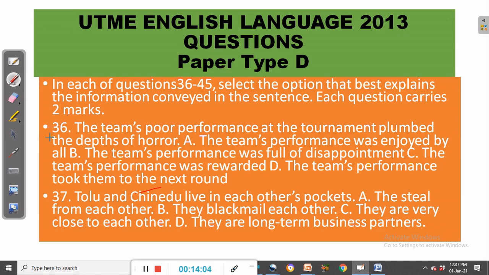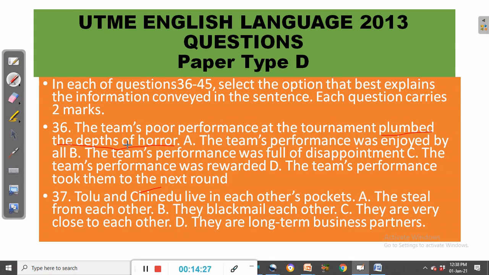Question 36. The team's poor performance at the tournament plumbed the depths of horror. Now we are looking at this. What's the meaning of plumbed the depths of horror? What does this mean? Obviously, these are unfamiliar words.